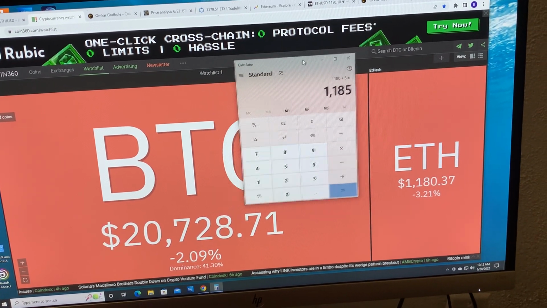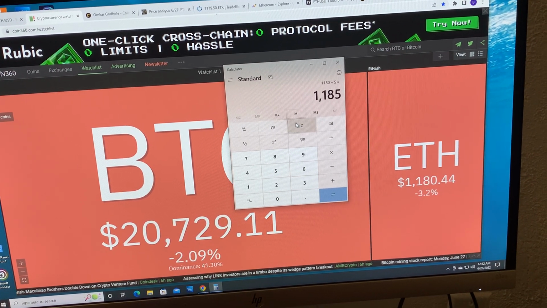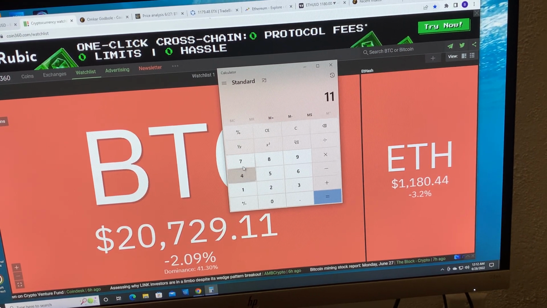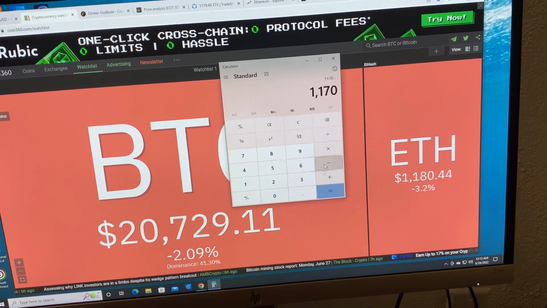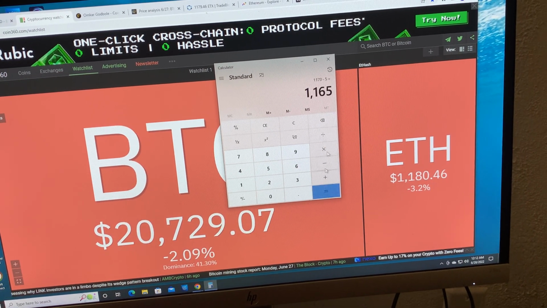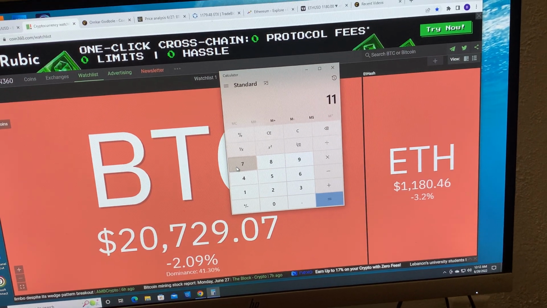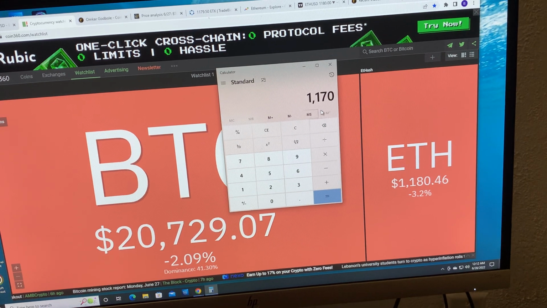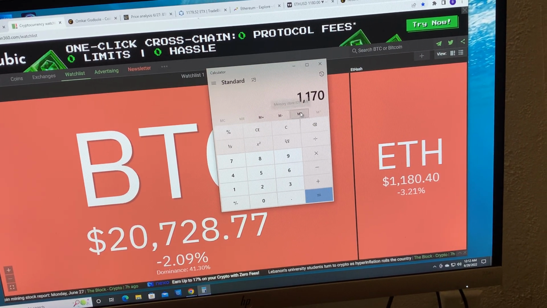What's the beauty of the limit is that, let's say you're buying at 1170, and it's going to execute at 1165, right? All you got to do is place the order, and that's it.